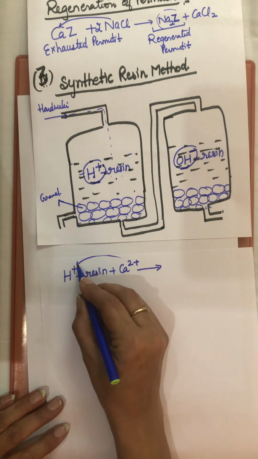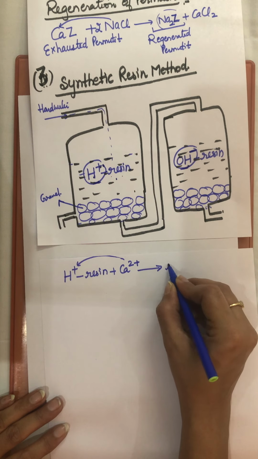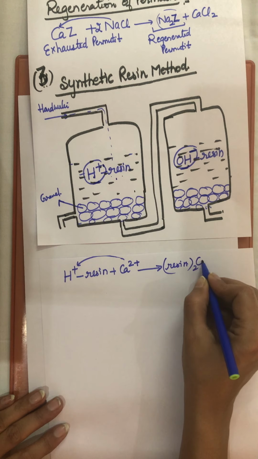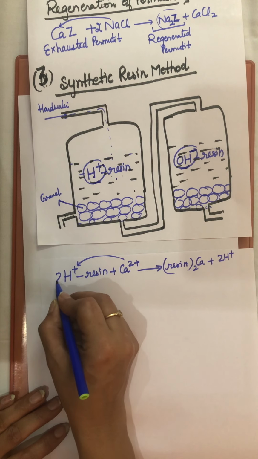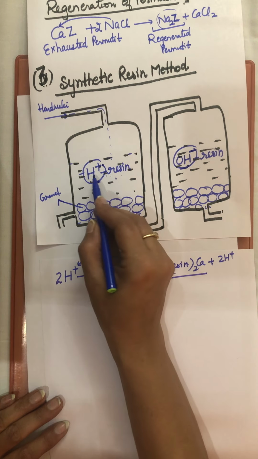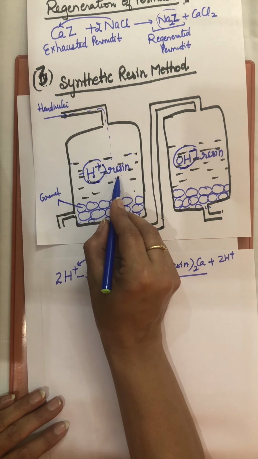Calcium comes here and H plus comes out from the resin, and to balance the charges we are writing it like this. So this one will now be your resin. The resin will now have calcium and magnesium ions left here, while H plus will come in the water.